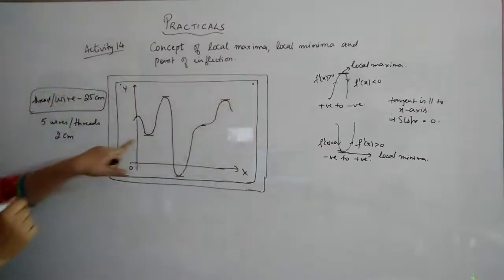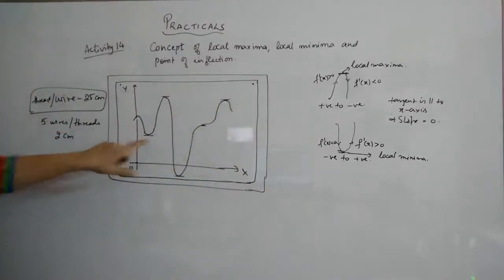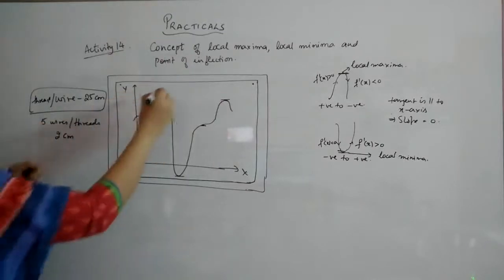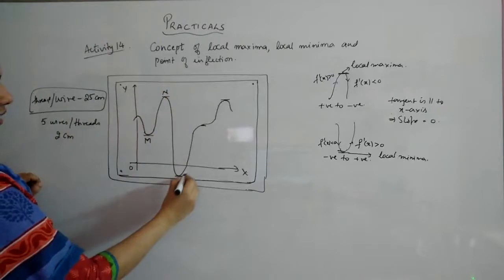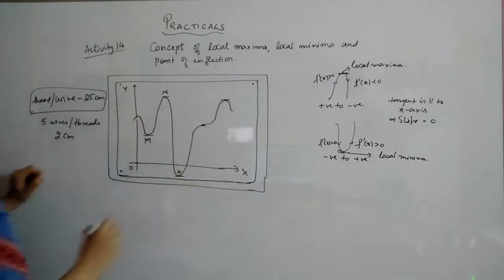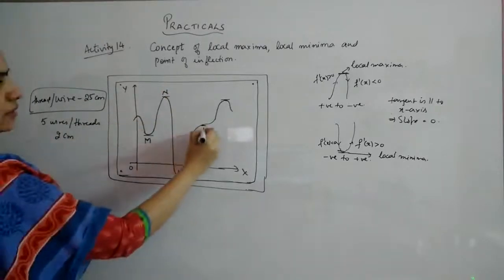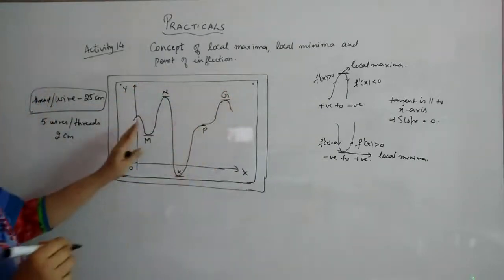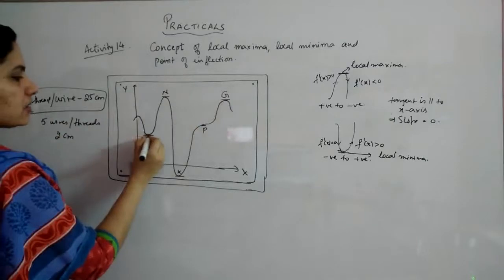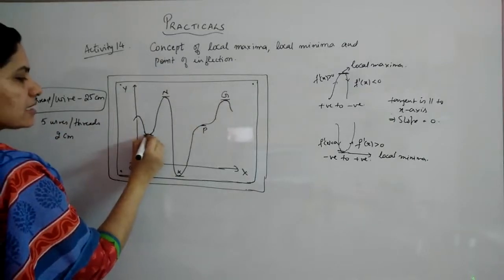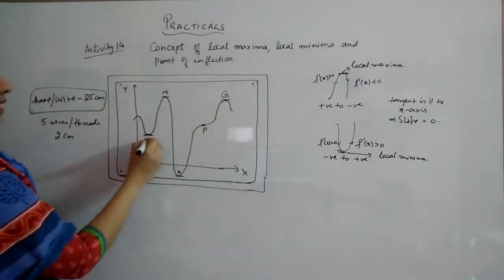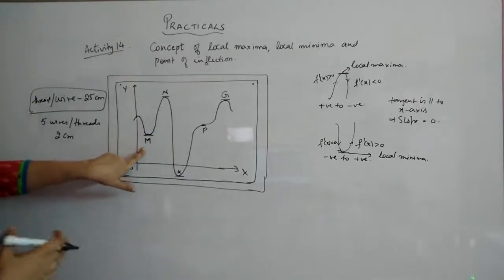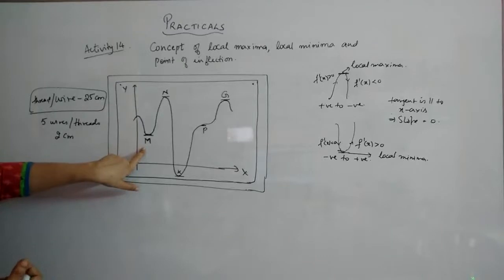Now we are marking these points as M, N, K, then here P, and the last one as G. Marking means this wire is touching at some point on the curve, that is taken as M. Now we'll discuss whether each point is local maxima, local minima, or point of inflection.